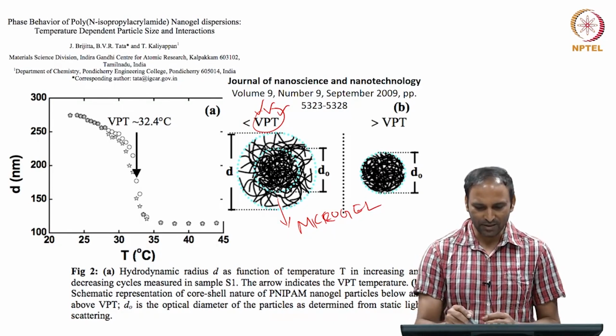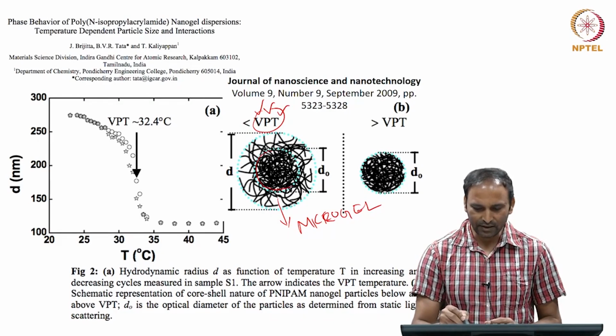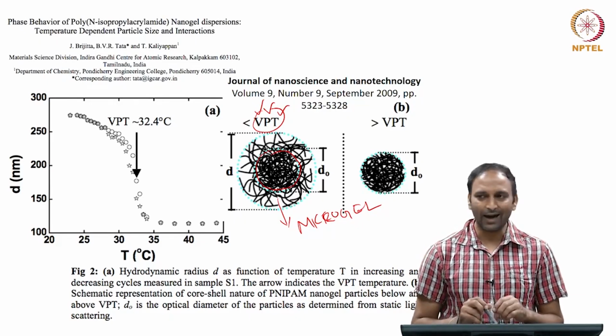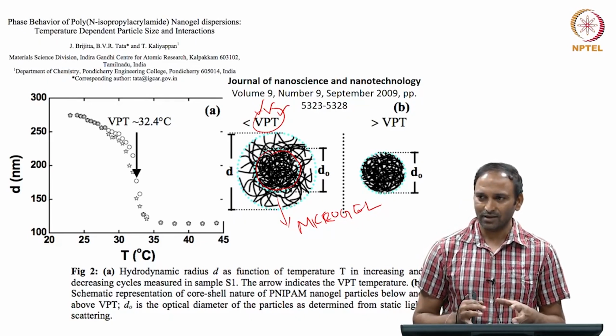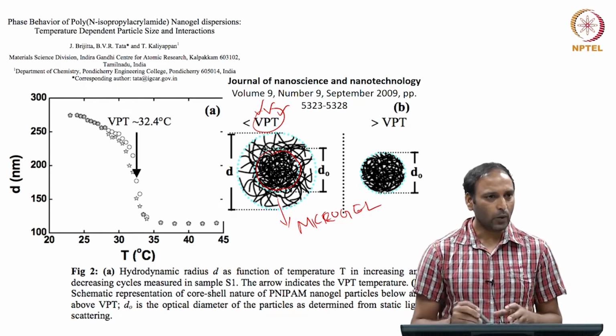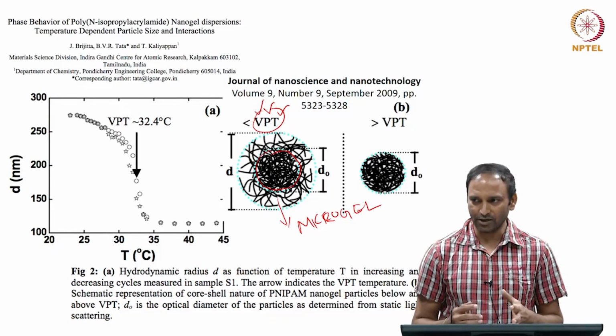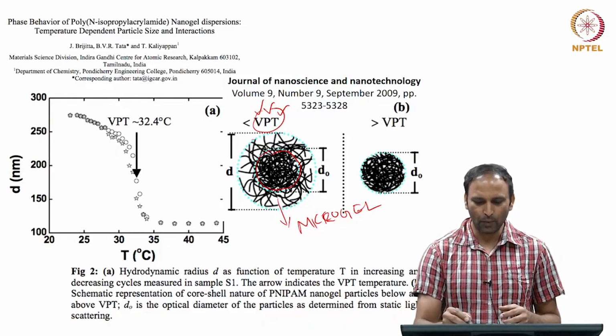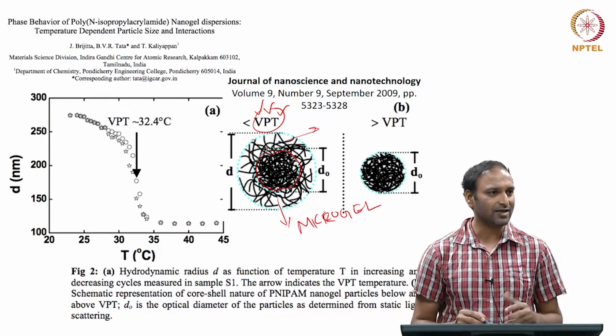You should think about these microgel particles as having a center with a high cross-linking density. These are polymeric particles, however with a center where the polymers are highly cross-linked, and an outer region where the cross-linking density is less.